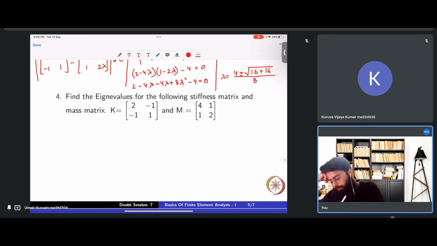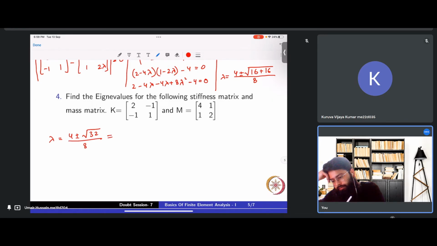So our lambda is 4 plus minus square root of 32 upon 8.